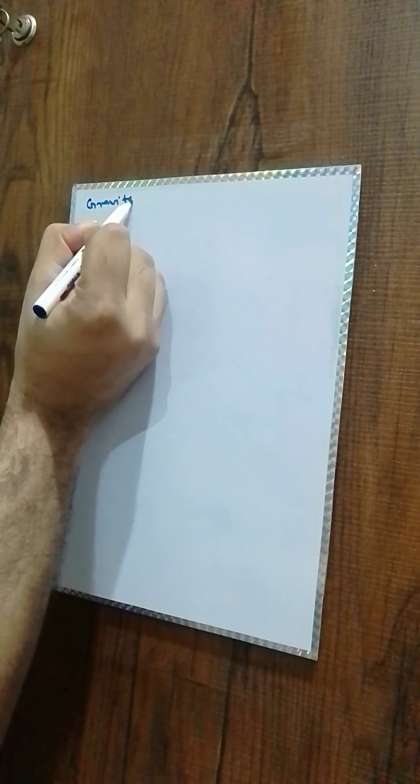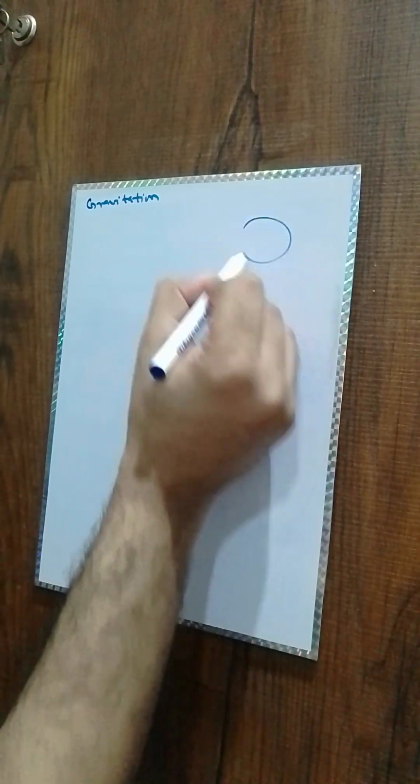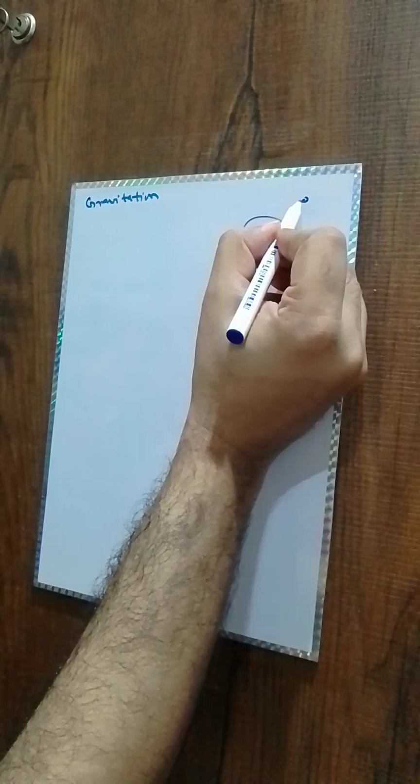Gravitation, and it says that we have our planet Earth and we have an object here.